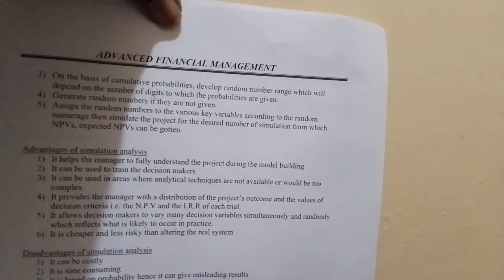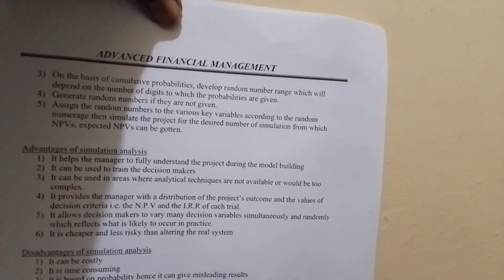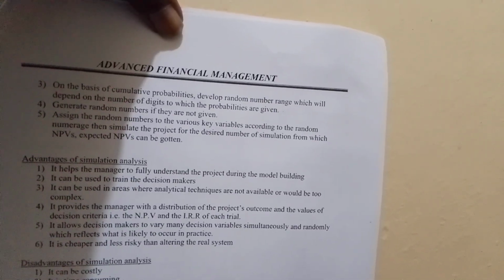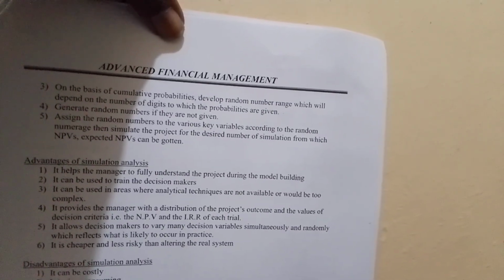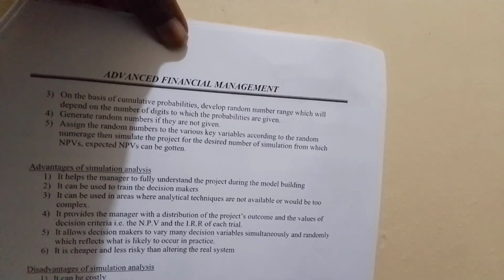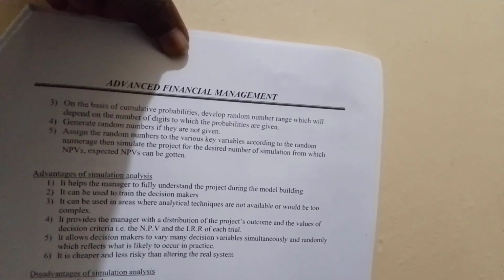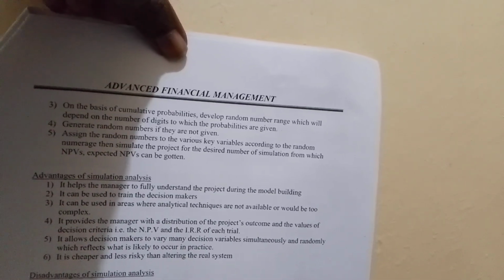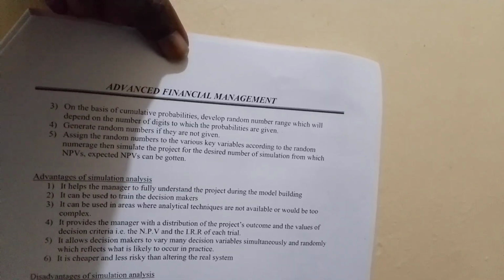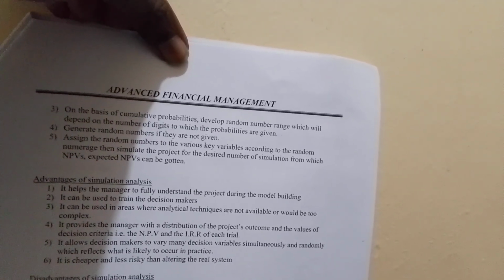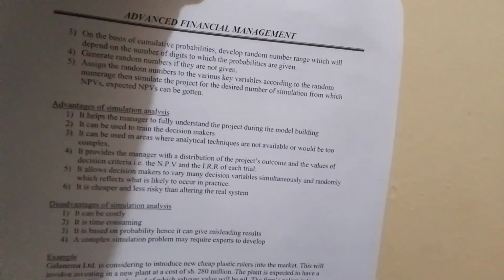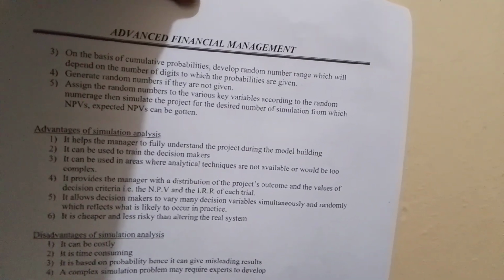Then step number 4, generate random numbers if they are not given. The last step, number 5, assign the random numbers to the various key variables according to the random number range, then simulate the project for the desired number of simulations from which net present values, expected net present values can be gotten.